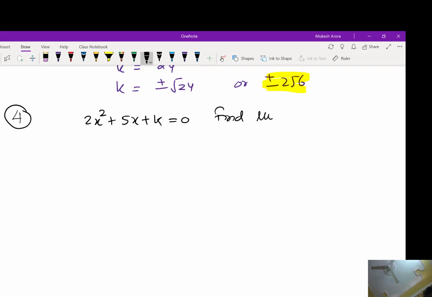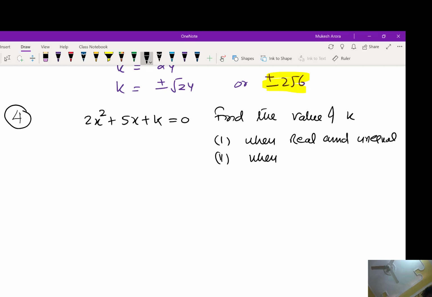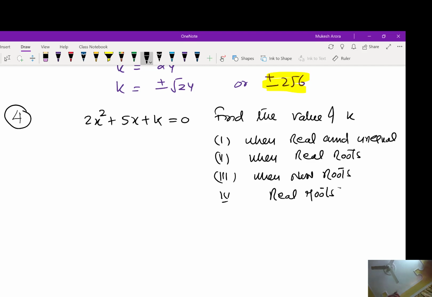Find the value of k: number 1, when it has real and unequal roots; 2, when it has real roots; number 3, when it has non-real roots; and last, when it has real roots. So basically these are 4 questions, and I'm trying to make you understand in one.